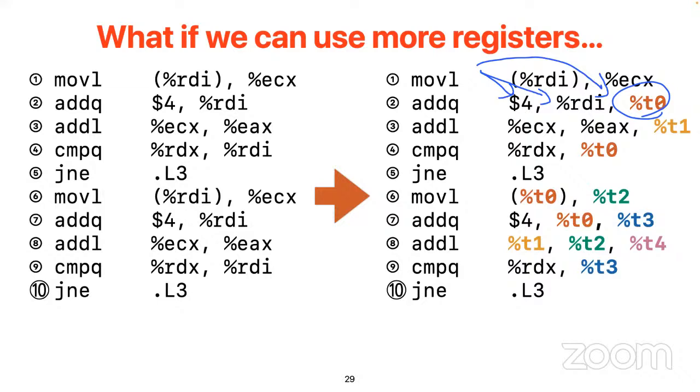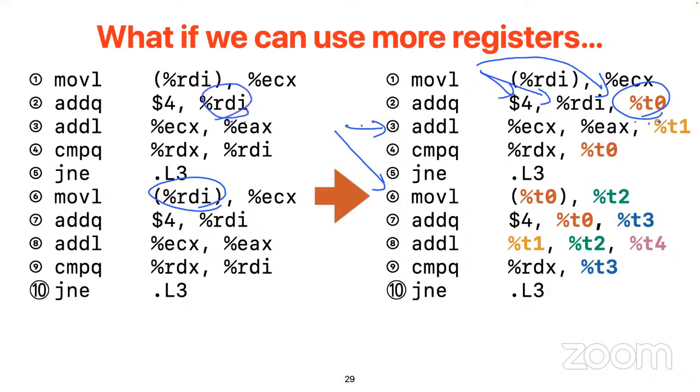So for example, originally we say for 3 and 6, we cannot reorder them because of the dependency. But now looking at this 3 and 6, if I give its output a different register value to store, you can see it's effectively the same, right?